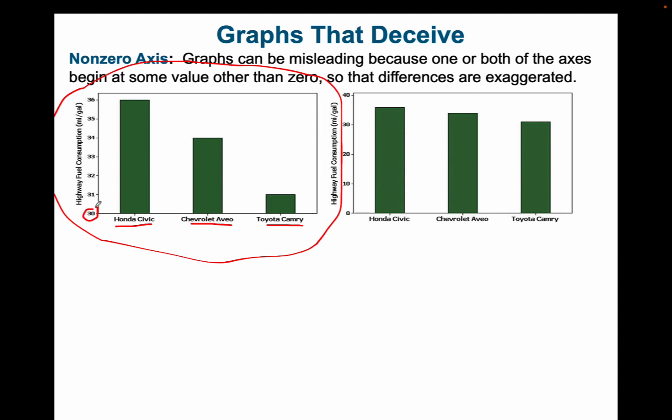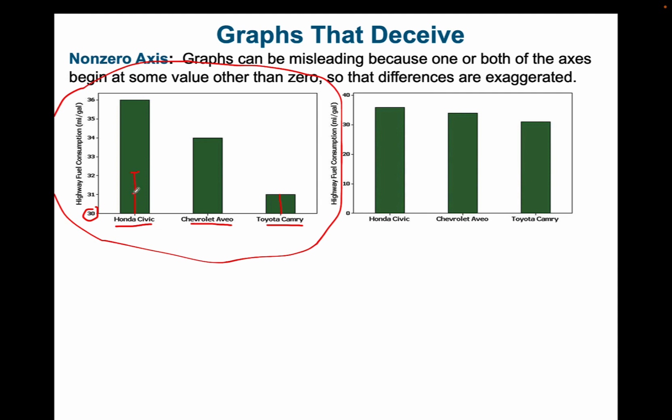What that means is that it's like you're zooming in on the tops of the bars, and the difference is exaggerated, okay? Notice, let me try again. Check out the Toyota Camry. This distance right here, if you go then and compare that to the Honda Civic, that's 1, maybe 2 right there.